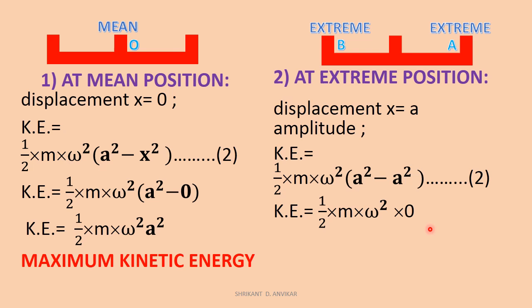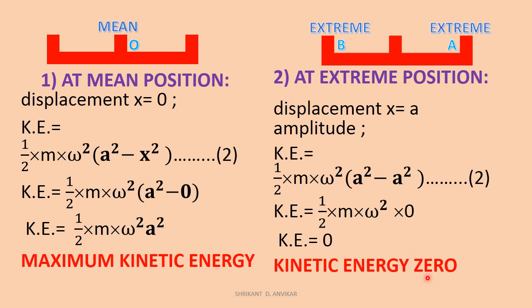Now A square minus A square is equal to 0, and therefore kinetic energy of the particle is equal to 0. Kinetic energy at mean position is maximum, and kinetic energy at extreme position is 0.